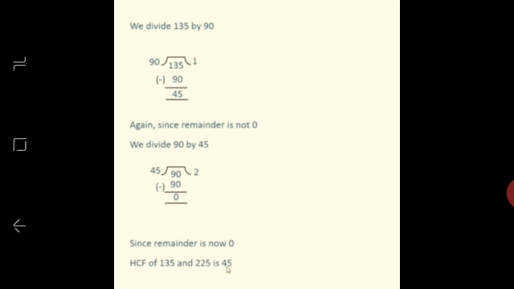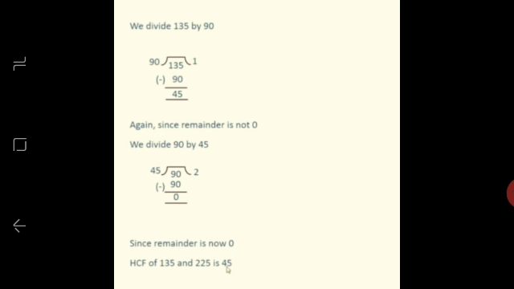As usual, 90 ones are 90 and you are left with 45. So you can see that again the remainder is not equal to 0. That again means you have to proceed with the same division lemma once again between the remainder and the divisor.